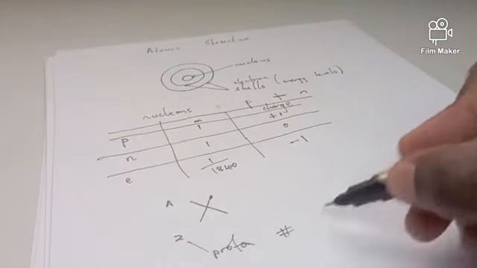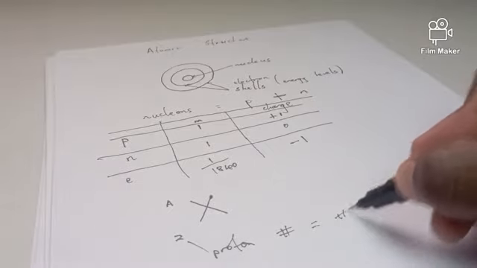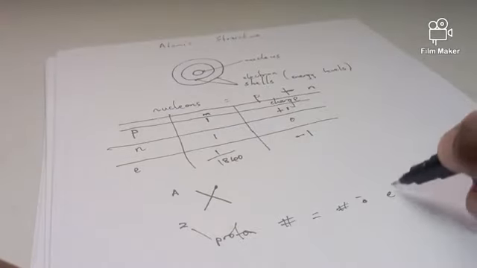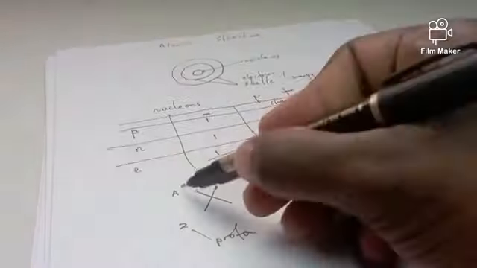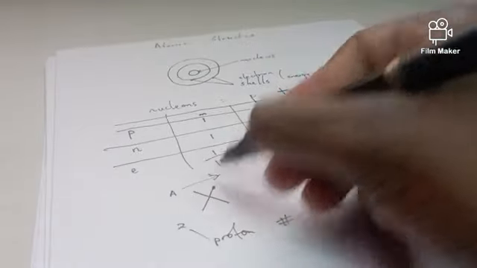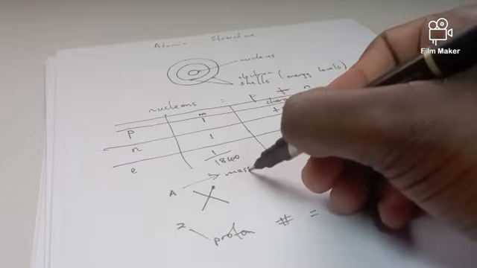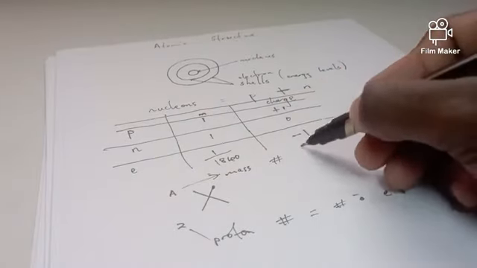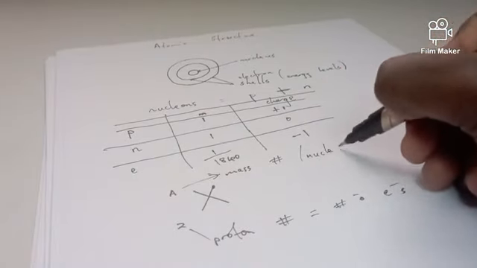So the proton number is equal to the number of electrons. Then this is called the mass number or the nucleon number.